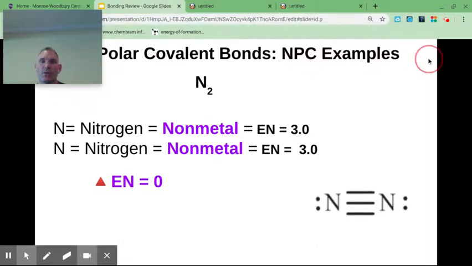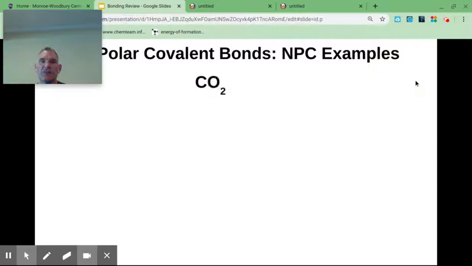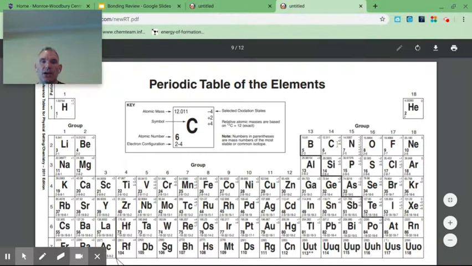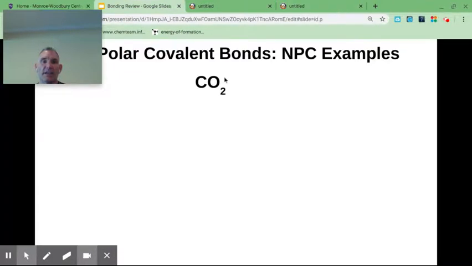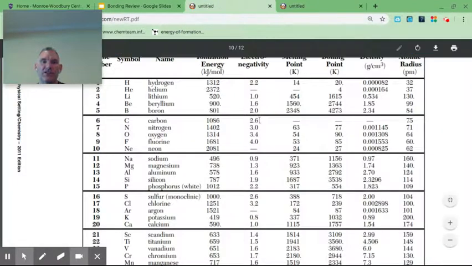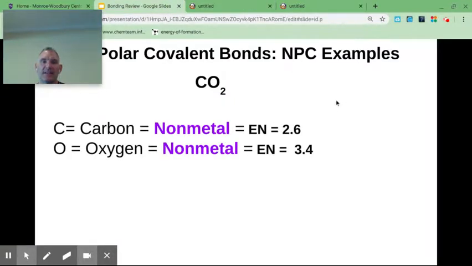Last of our nonpolar examples is CO2. CO2, if I go to my periodic table, carbon and oxygen both from the same side, I know it's going to be two nonmetals. If I go to table S, carbon is 2.6, oxygen's 3.4, and I get a difference of 0.8. Now, CO2, if you can recall from our notes and our discussion in class, gives me a 0.8, which is a polar bond number.